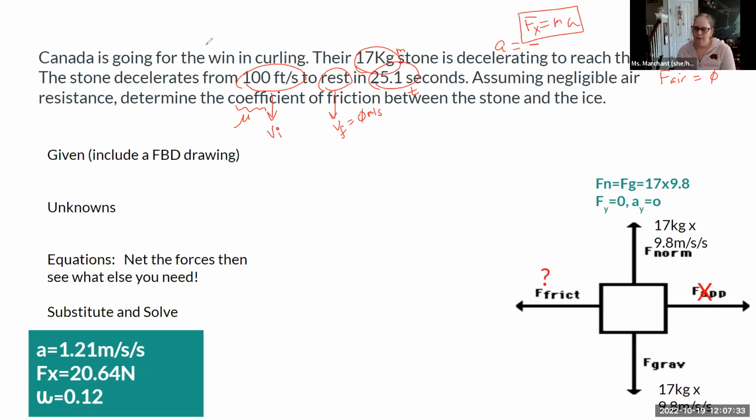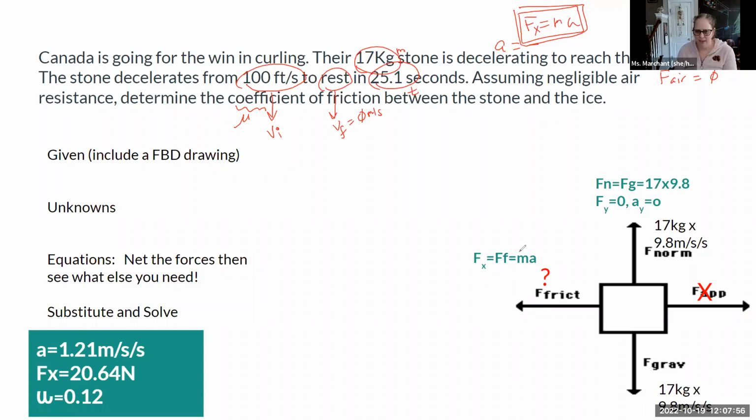The y direction is not super helpful right now, but in the x direction, I know the force of friction is going to equal mass times acceleration. How do I know that? Because the forces in the x have to equal mass times acceleration. I just only have one force right now. So I have that.